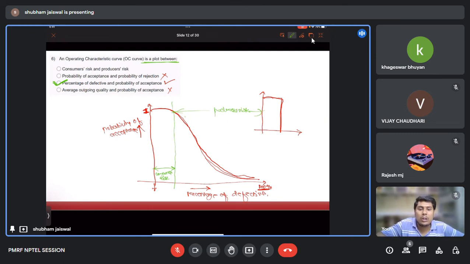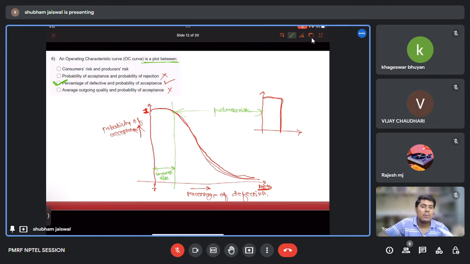So what is consumer risk? Consumer risk means that up to that percentage of defective, the consumer will accept the lot, and if it comes out bad, it will be the risk of the consumer. Suppose I have 100 samples, and if I pick one item and see that this one is defective, but I decide to keep it, thinking I will get a good product.